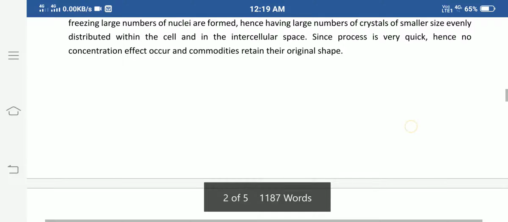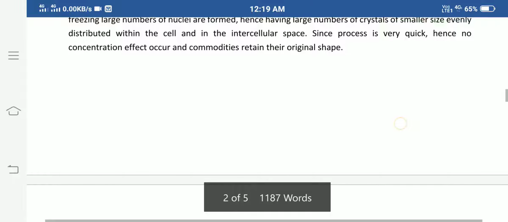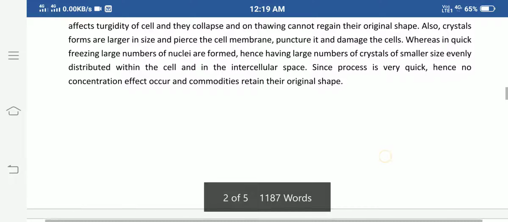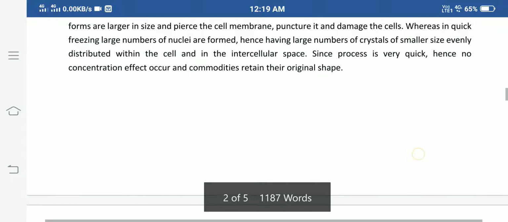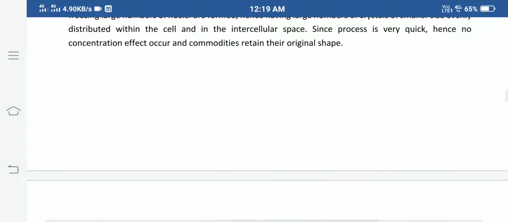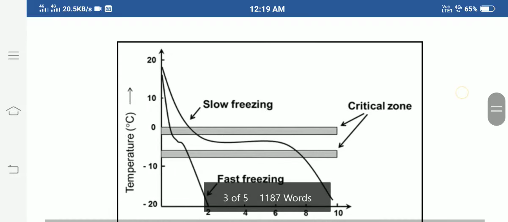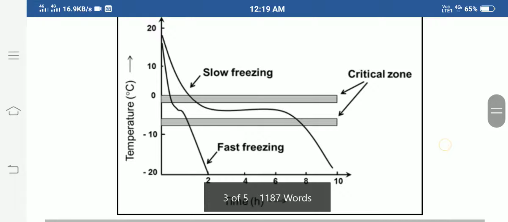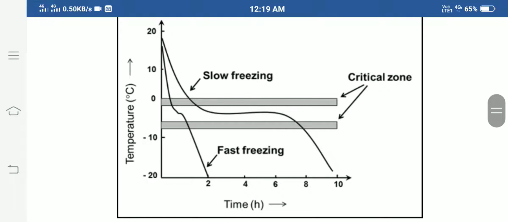Since the process is very quick, there is no concentration effect, and commodities retain their original shape, because during thawing, small nuclei release water, and their small piercing shapes cannot damage the cell in comparison to slow freezing.